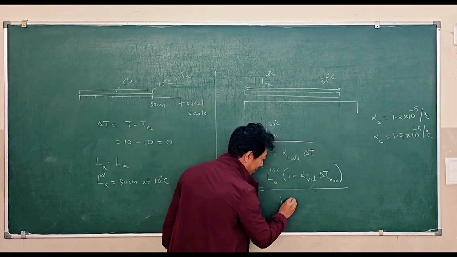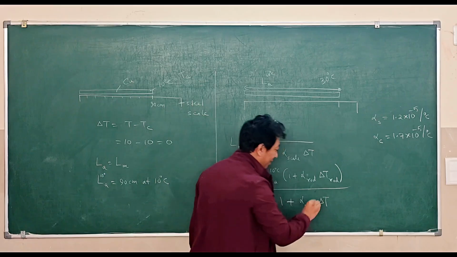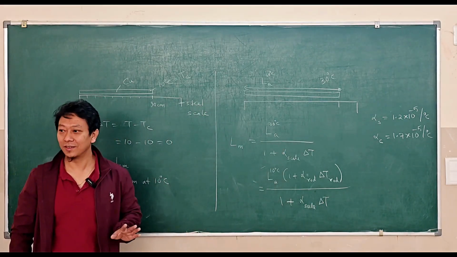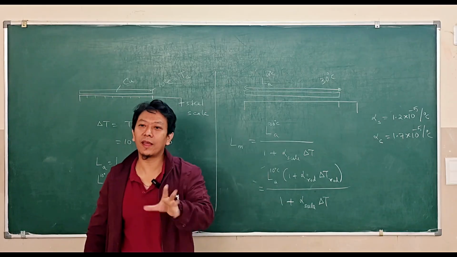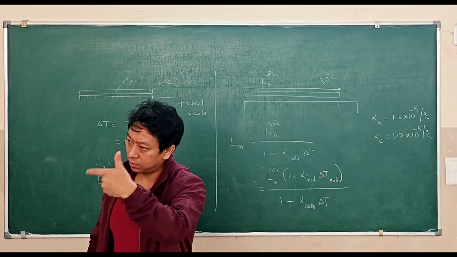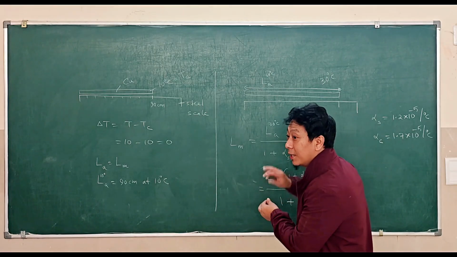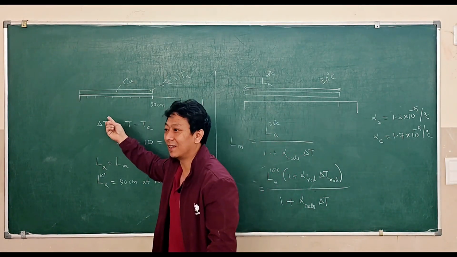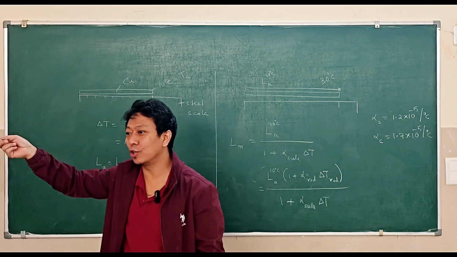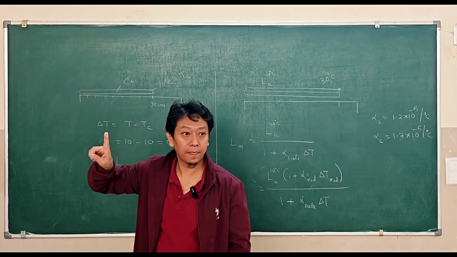Guys, understood? Now, students, most of the time this is enough. Most of the time they will say actual length of the rod is this much, so just put that number. Here they did not give you actual length at 30 degree. They gave you actual length at 10 degree. And actual length at 30 degree you have to find using linear expansion of the rod itself.